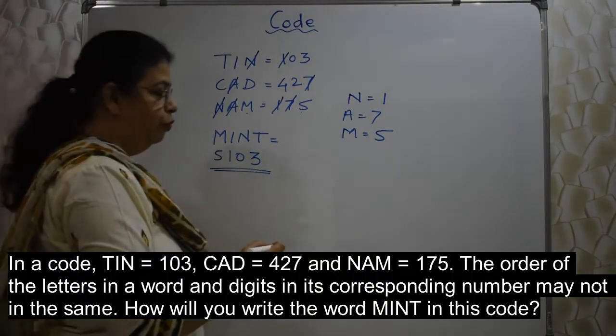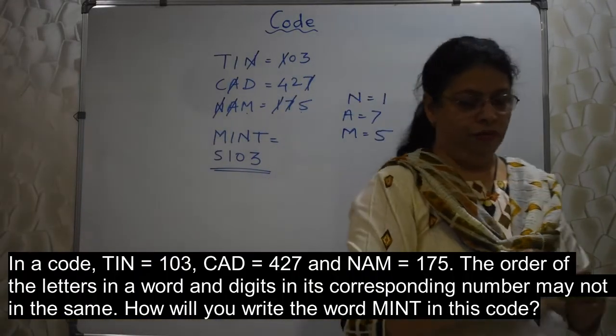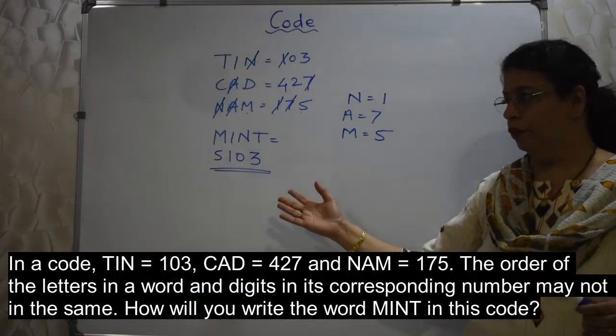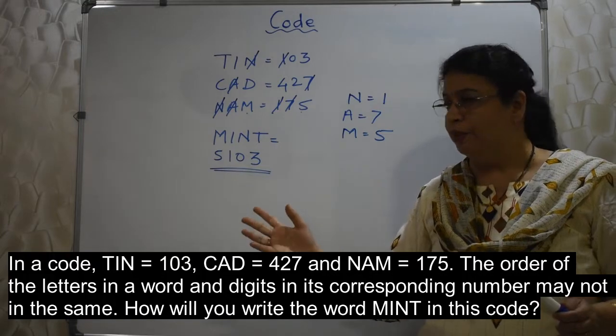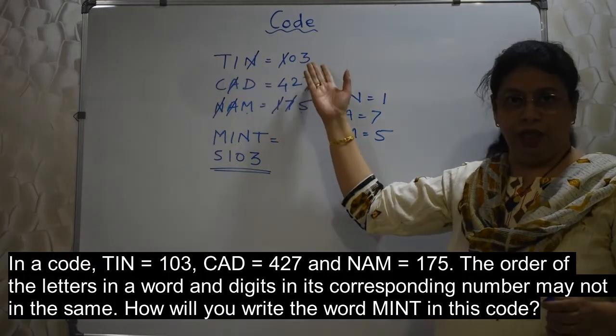Same way, if you do not have any option with this order, even this order we don't know whether it is correct because we don't know T and I, right?